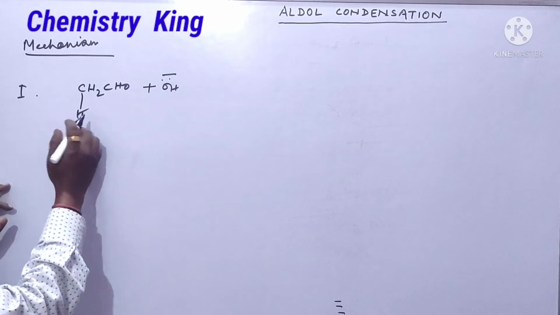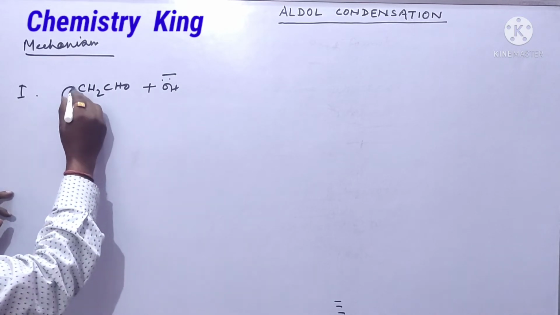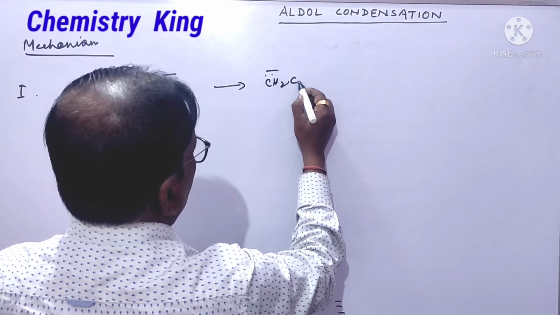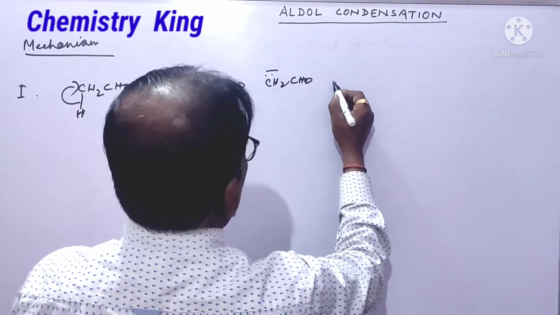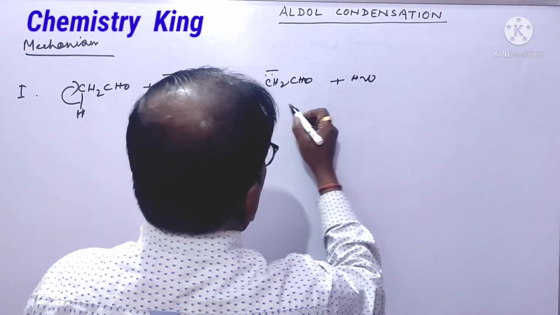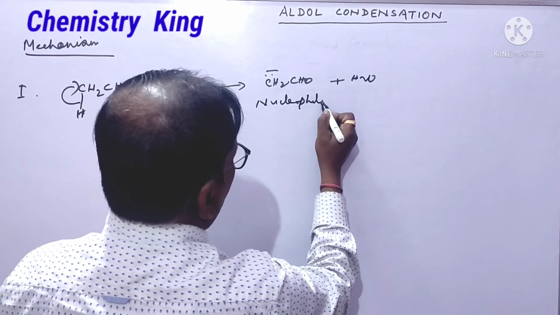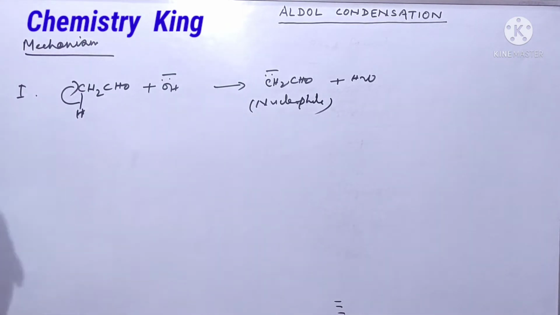This base will abstract this hydrogen. It is carbanion plus water. It is carbanion and of course it is nucleophile. In first stage, nucleophile is generated.